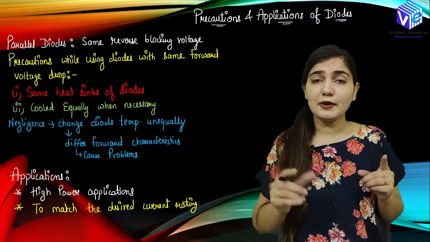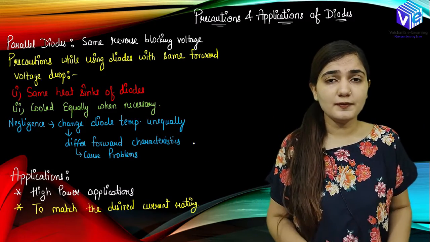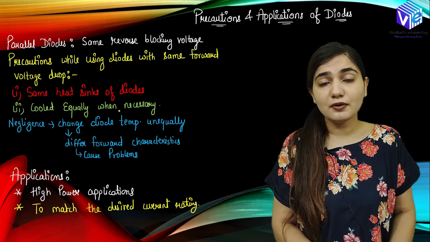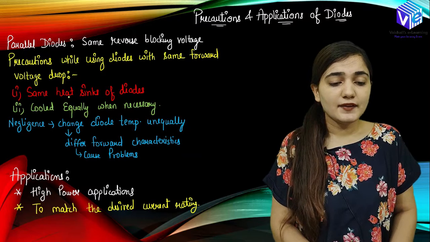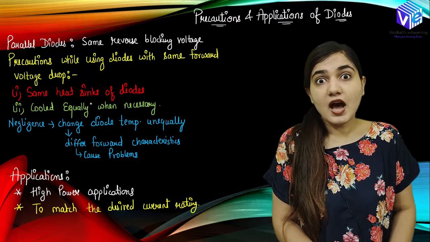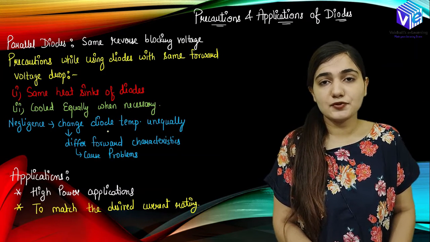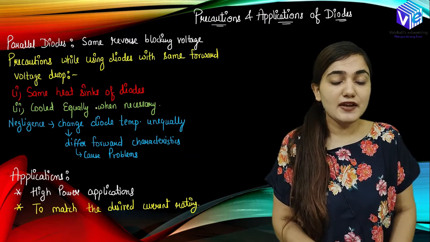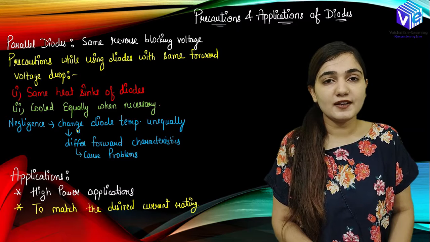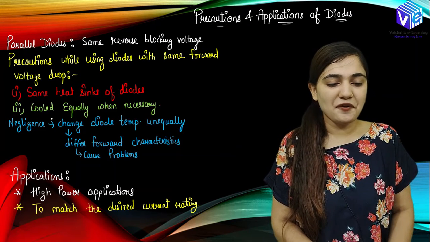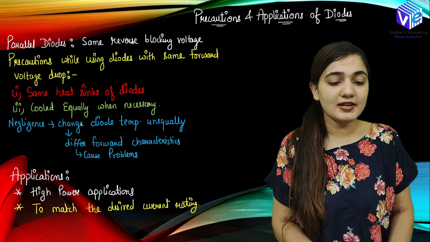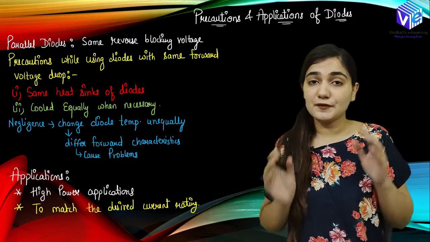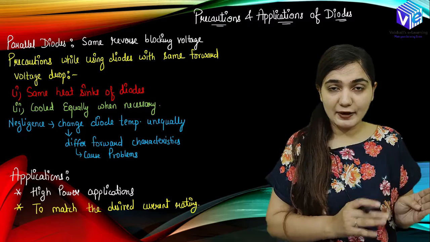When I am using diodes with the same forward voltage drop, the precaution is that some heat has to be sunk away from the diode, and thus we require coolers also. Coolers are equally necessary when I am using parallel connected diodes due to the generation of a high amount of heat. If you neglect the coolers, the diode temperature would change unequally in all of the diodes.